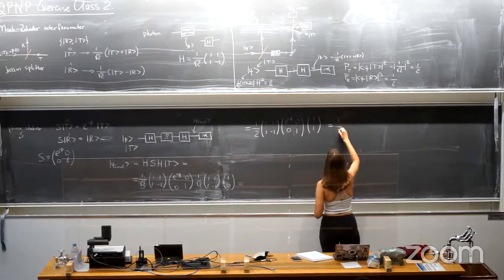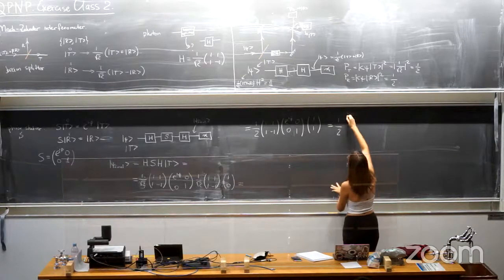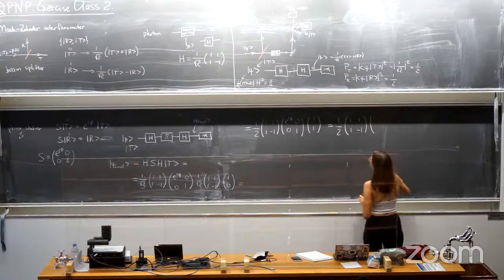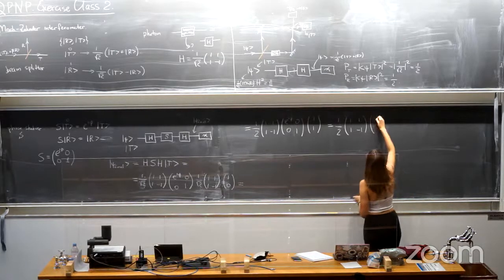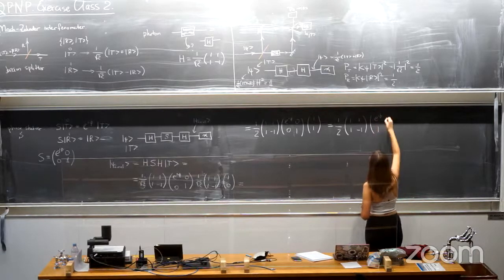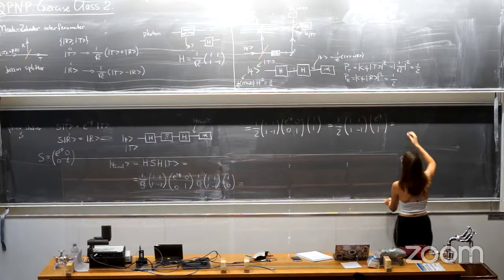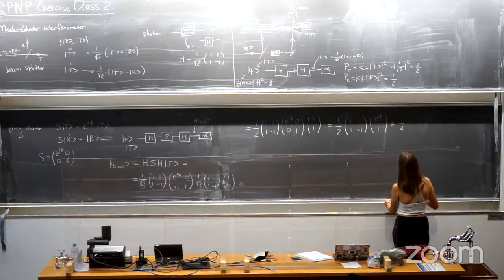Now we act with the phase shift on 1, 1. Here we still have the prefactor. On the first component we get the phase shift e to the power i phi, and on the second component we will not get anything. And finally, we have the last Hadamard with its prefactor.